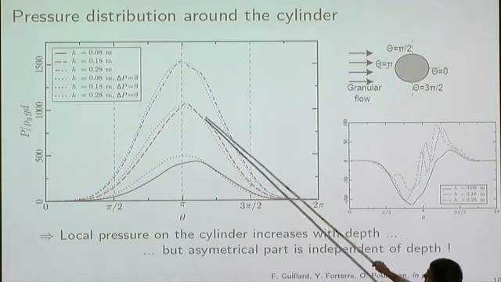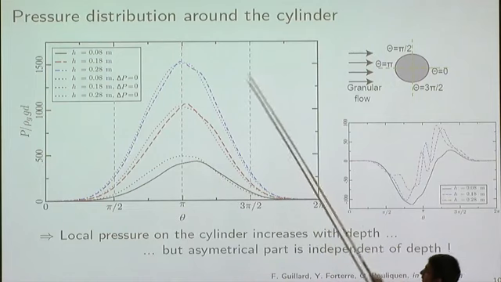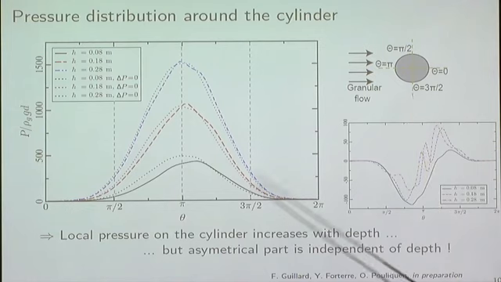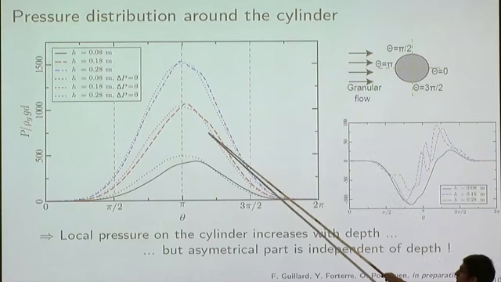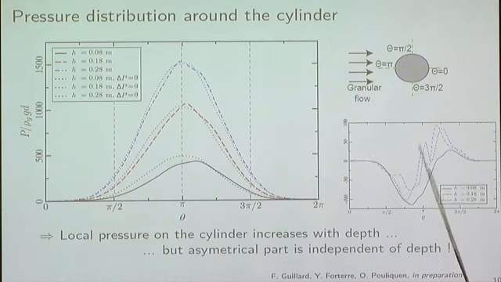Even if the pressure increases with depth, the difference between the symmetrical and asymmetrical case is independent of the depth. So this is the subtraction of the symmetrical case and the asymmetrical case, which no longer depends on the depth, which was expected since the lift no longer depends on the depth when we are far enough from the free surface.